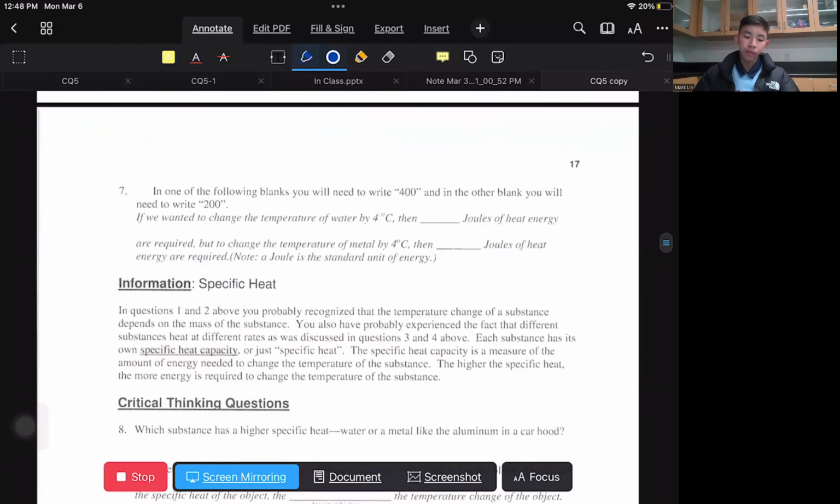Number seven. In one of the blanks you need to write 400, and in another blank you need to write 200. If you want to change the temperature of water by 4 degrees, then blank joules of heat energy are required. But to change the temperature of metal by 4 degrees, then blank joules of heat energy are required.